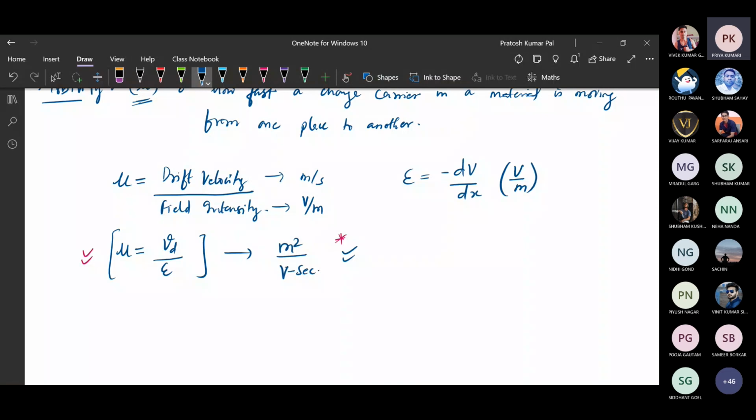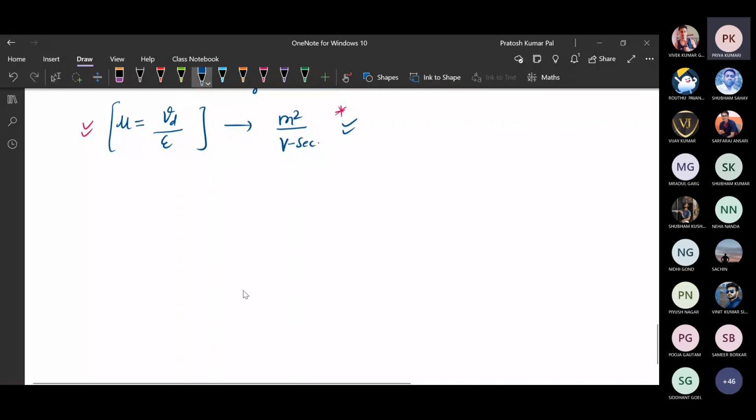Here, in case of semiconductors, we basically have two different types that we go with: one is germanium, another one is silicon.